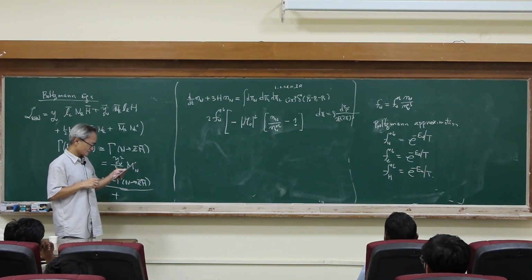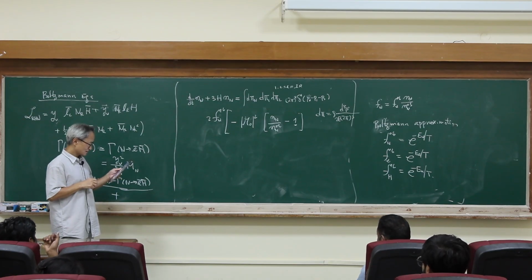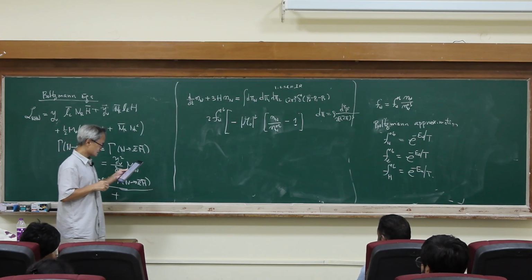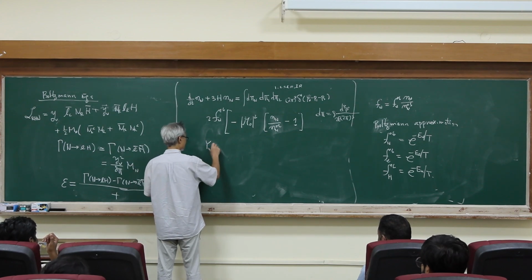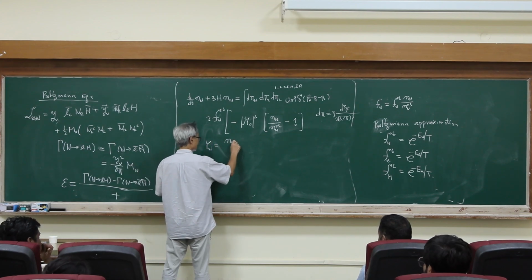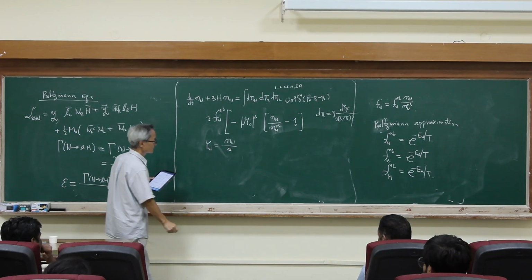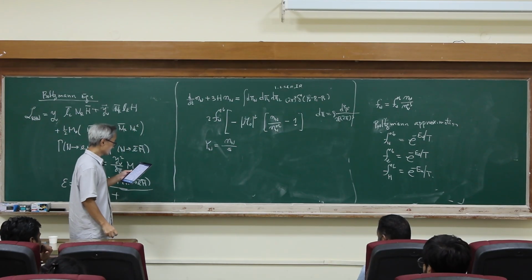Now the standard notation here is: we define Y as the number density normalized by the entropy density.